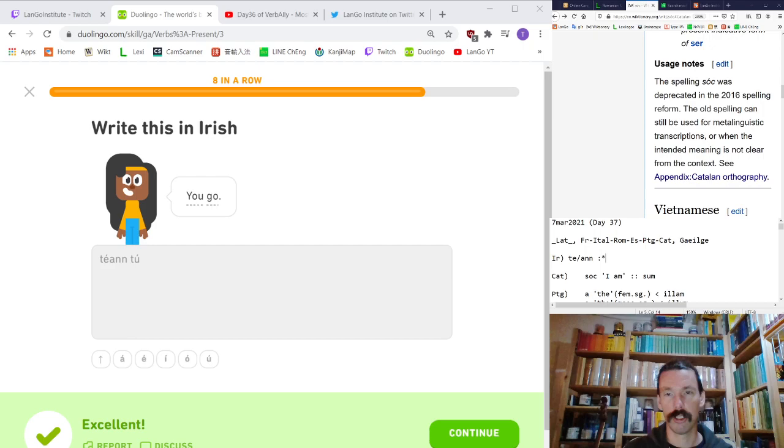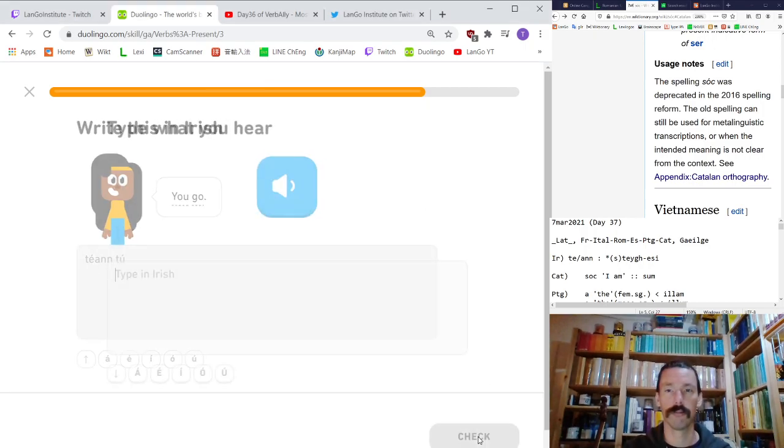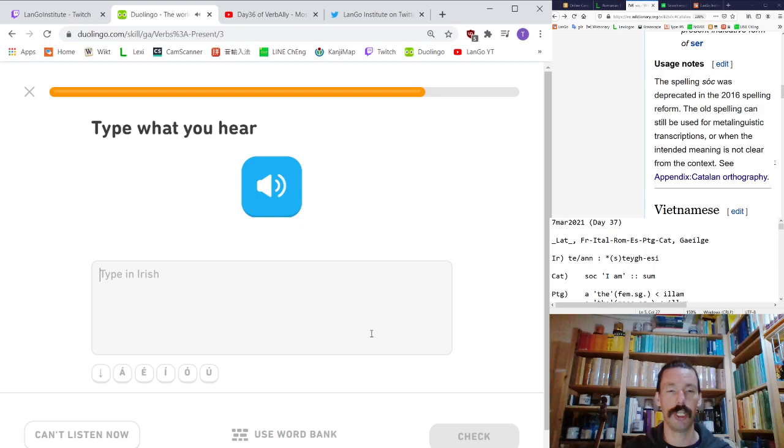From the verb steig in Indo-European, with or without S. From place to place. Steigkesi it would have been for this one. You go. Téann tú. You go.